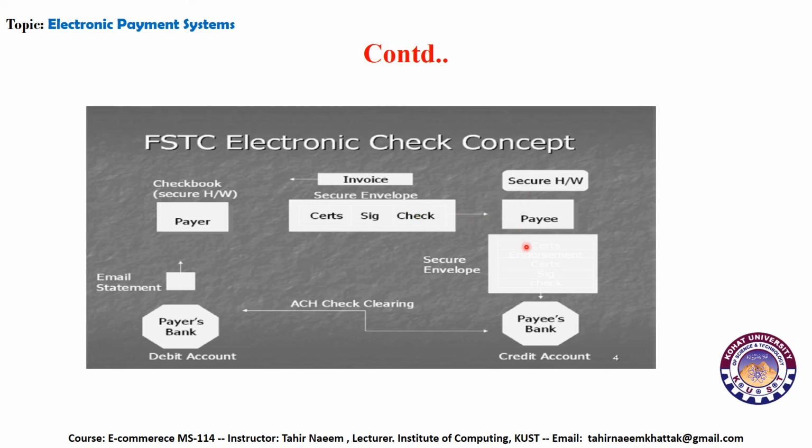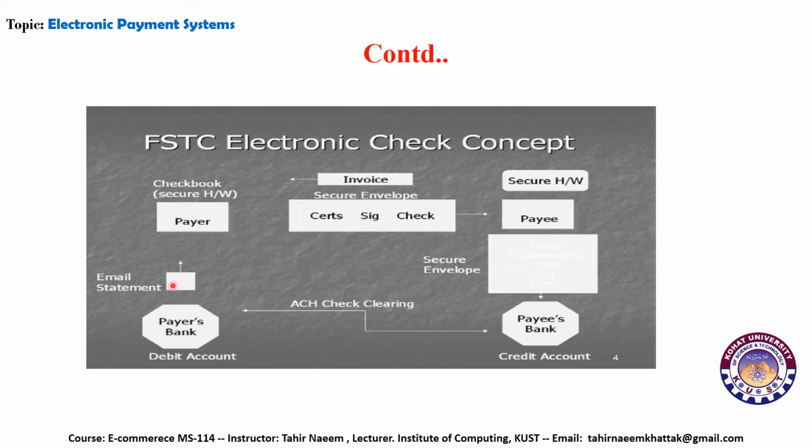The PE forwards this in a secure envelope to his bank to credit the amount from the other person. So he forwards this to the bank having the account of the payer.